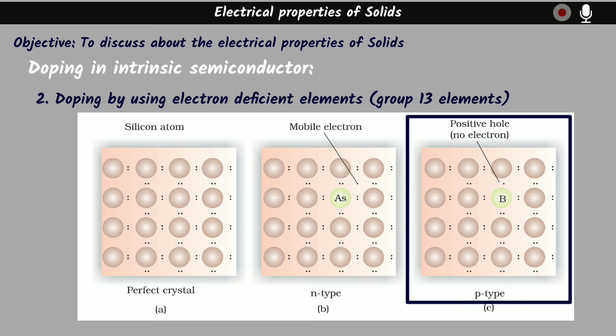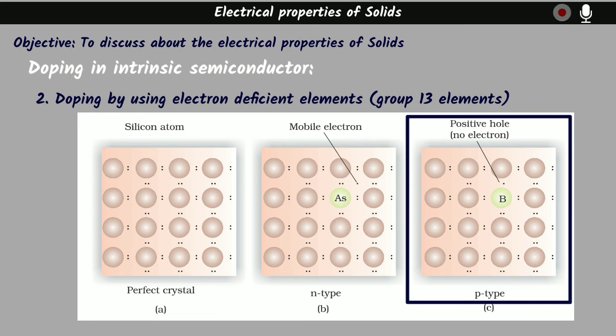In the actual case, one electron will come from a neighboring atom to fill up that hole. Because one electron is coming from the neighboring atom to fill up that hole, one hole will be generated at that neighboring atom. That means the hole will flow in a direction opposite to the flow of the electrons.